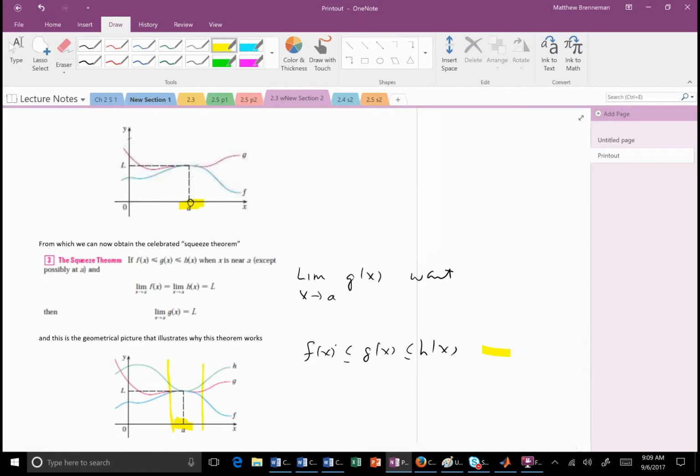So if all of this is true, and the limit of these two bounding functions exists, then we know that the limit of g of x is equal to the limit of these two other functions. That's the import of the squeeze theorem. Now, the reason why it's called the sandwich theorem is because those two functions sandwich the function we're interested in, right? Kind of like they're the meat of the sandwich, right?